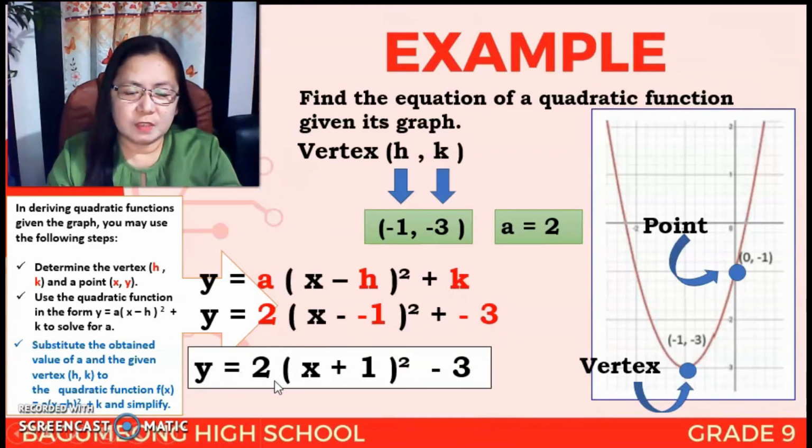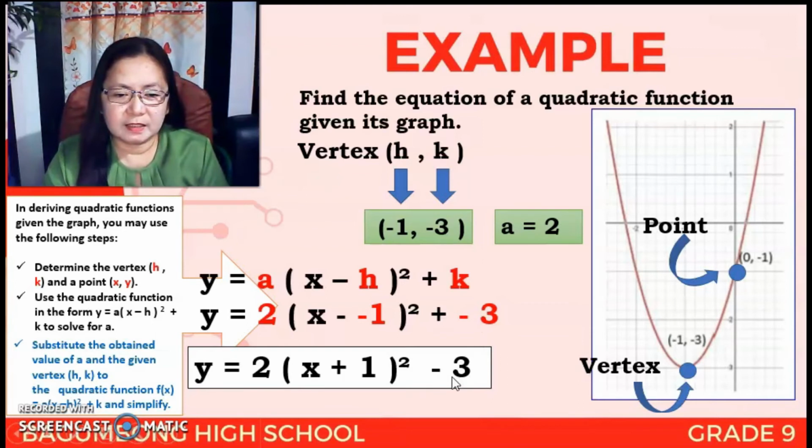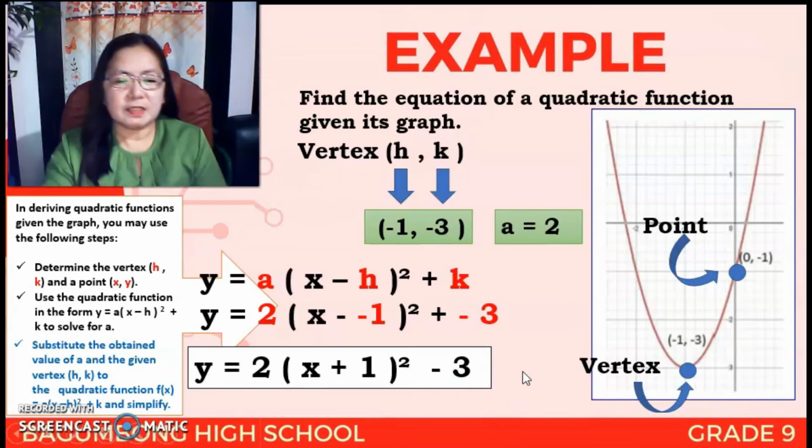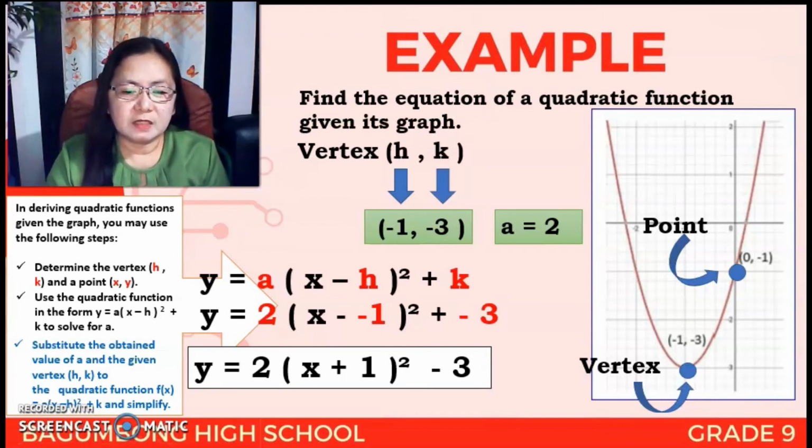So y now is equal to 2 times (x plus 1) squared minus 3, since x minus negative 1 is x plus 1, squared, and plus negative 3 is equal to minus 3. So this is now the vertex form of the quadratic function.